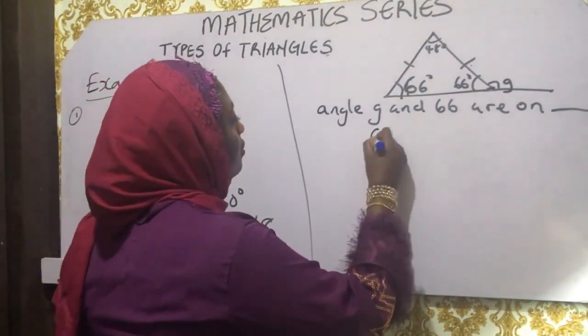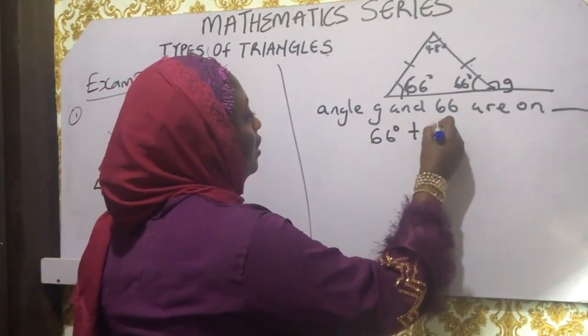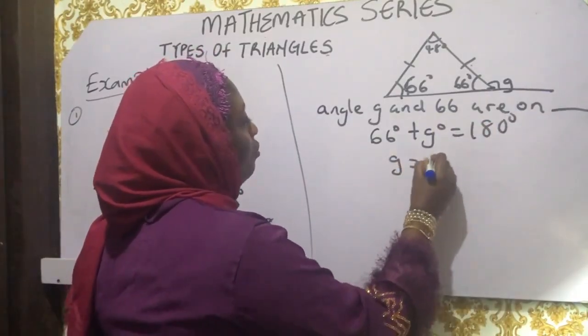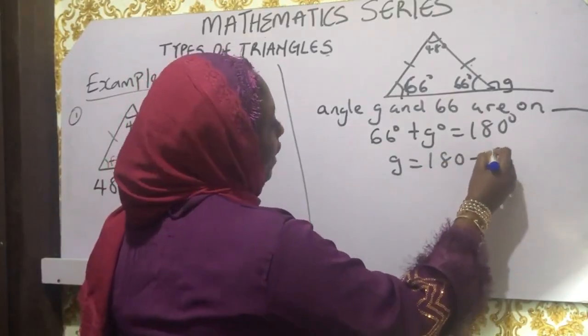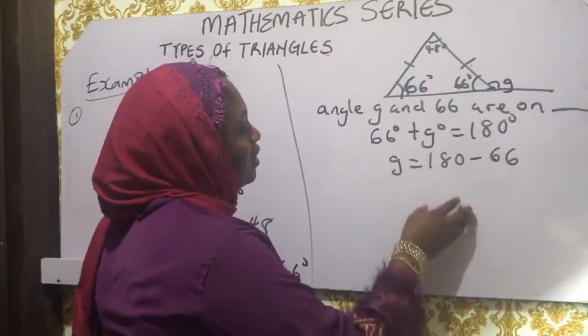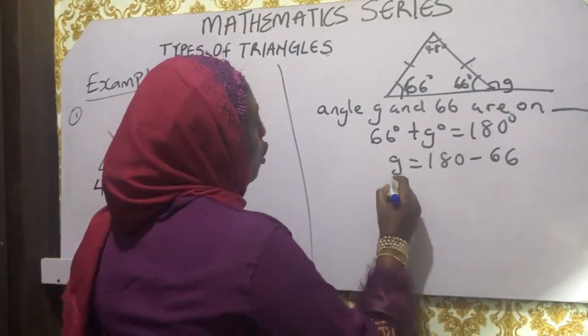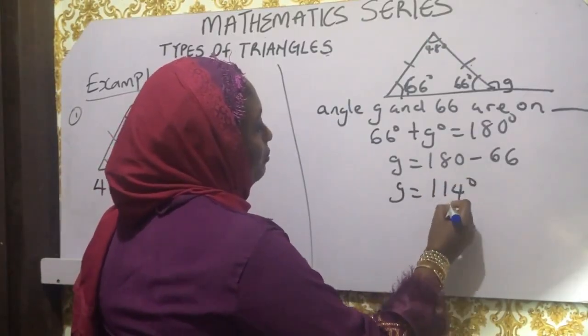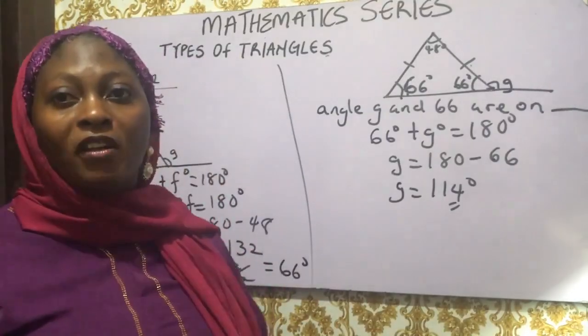So 66 degrees plus G is equal to 180 degrees. G is going to equal 180 minus 66 degrees. So when you subtract 66 from 180, you have 114 degrees.